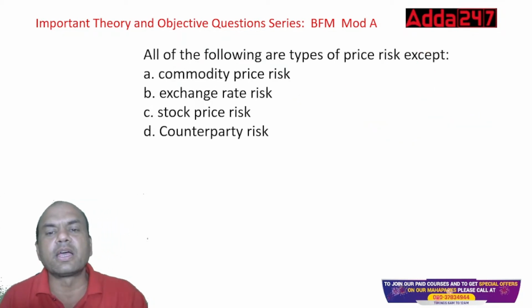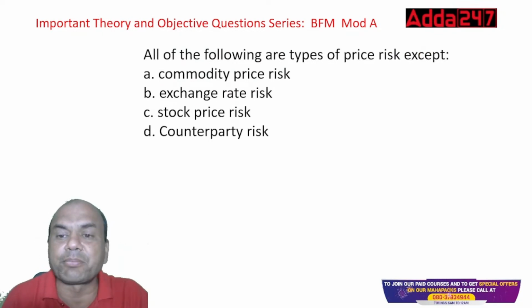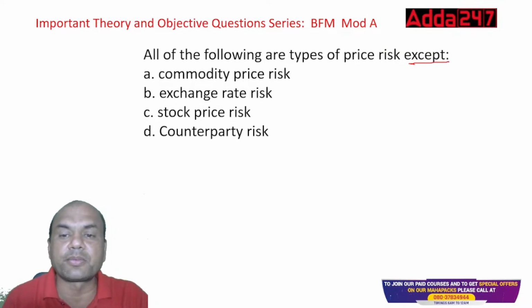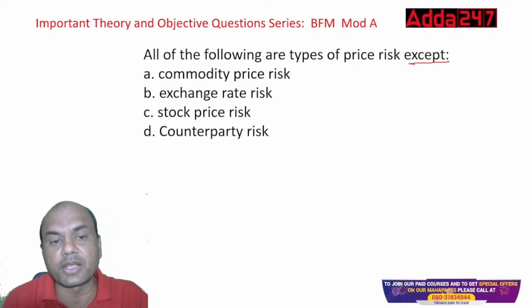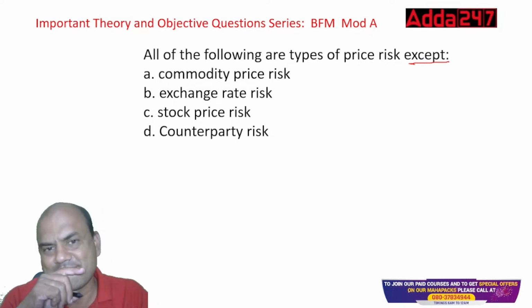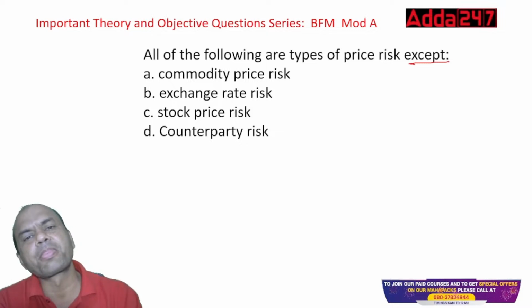All of the following are types of price risk except, and now again we want except, which means not the type of price risk. The options are commodity price, exchange rate, stock price, counterparty risk. Just now I gave you this. What is the answer?